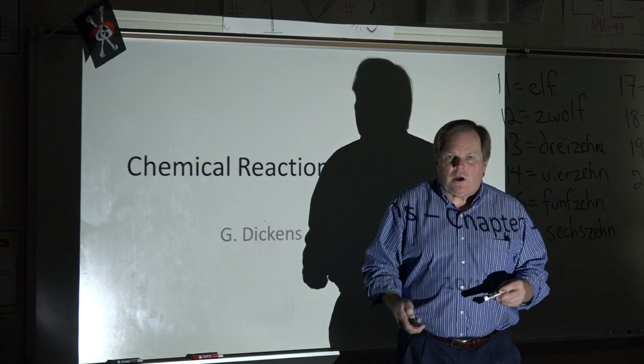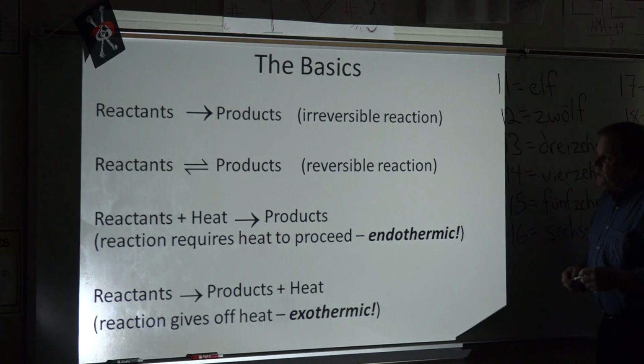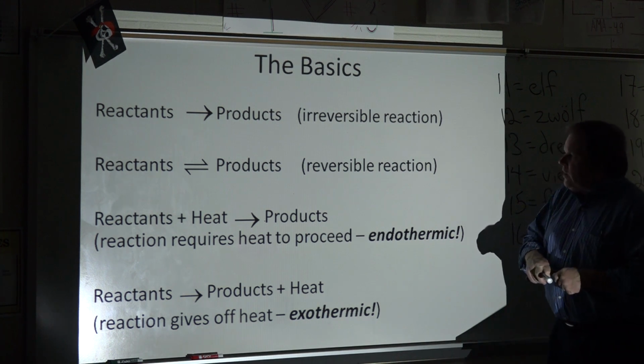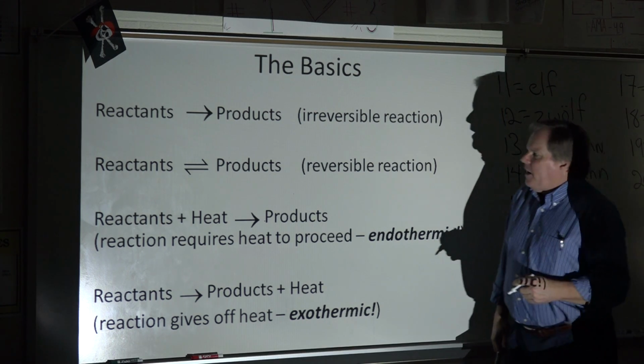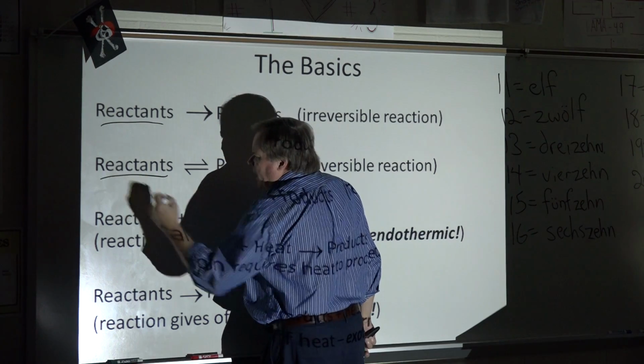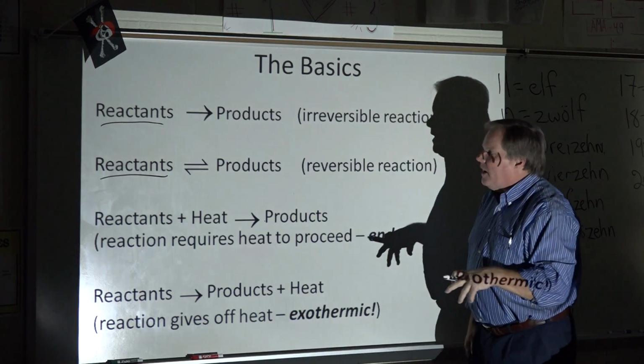All right, chemical reactions, there is some basic information that we need first. And first let's talk about some arrows. Now, reactants are always on the left-hand side of the equation. It's what you put into the chemical reaction.